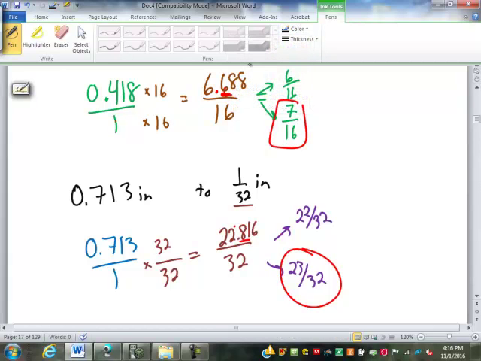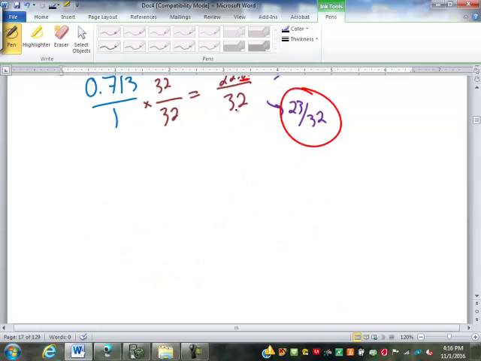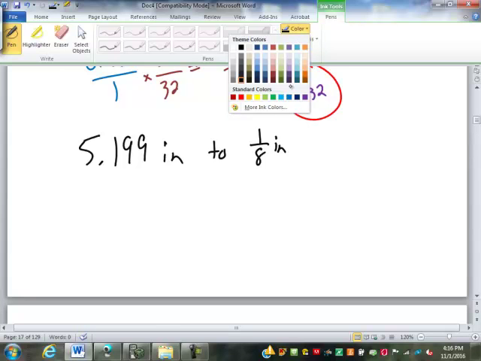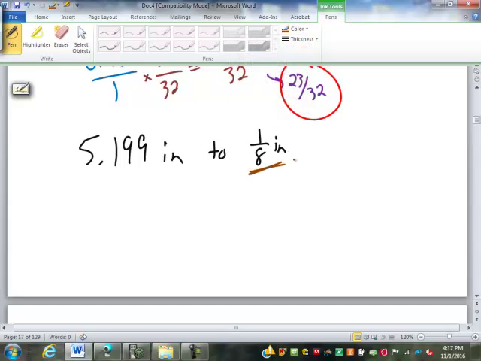How would this change if I did this? 5.199 inches, and I want it to the nearest 1/8 inch. Well, I'm going to a different fraction here. I'm not going to 16ths or 32nds. I'm going to eighths. But that's not what I was getting at.